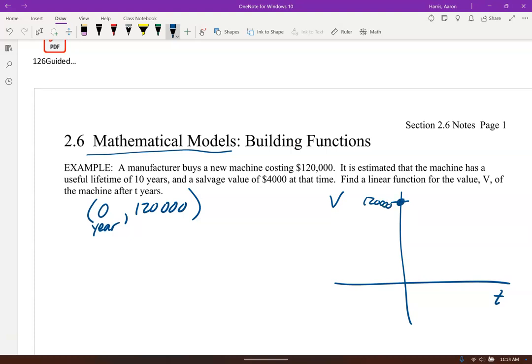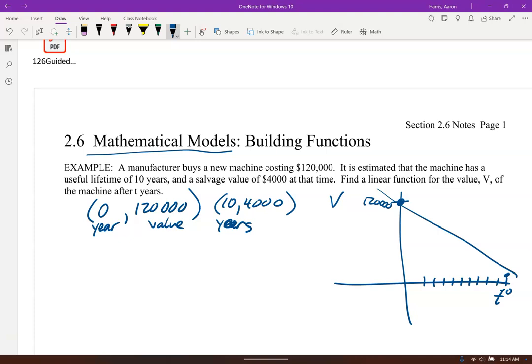And then after 10 years, it's only worth $4,000, right? So it has this depreciation. Whoops, I missed my point there. So after 10 years, it's $4,000. It's worth $4,000.